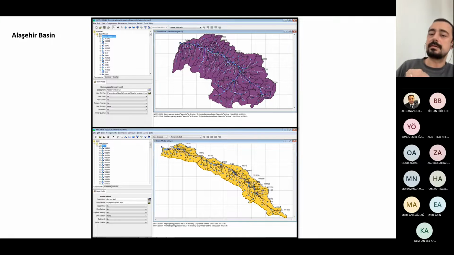One of them was the SCS curve number method that I previously showed at the upper side, and at the lower side, we used soil moisture accounting, the bucket type model, to simulate the groundwater percolation rates in this region. This is important for agricultural purposes.